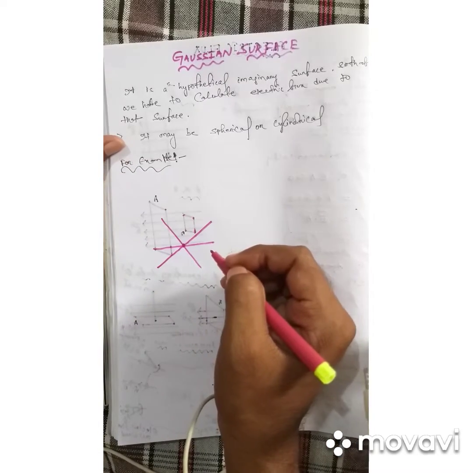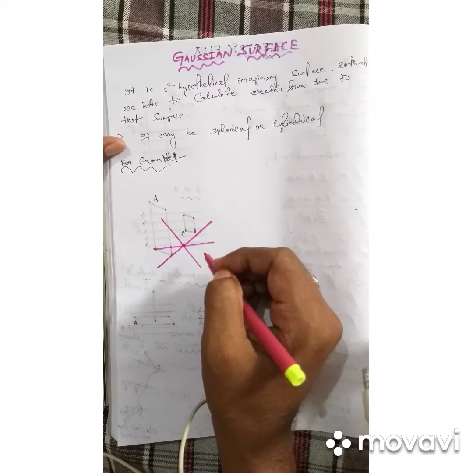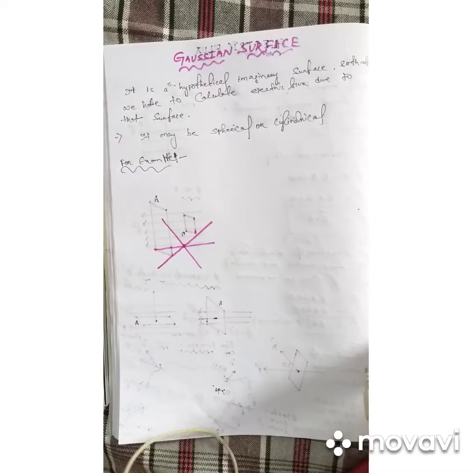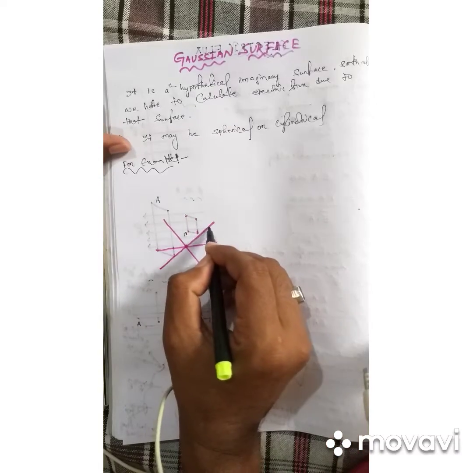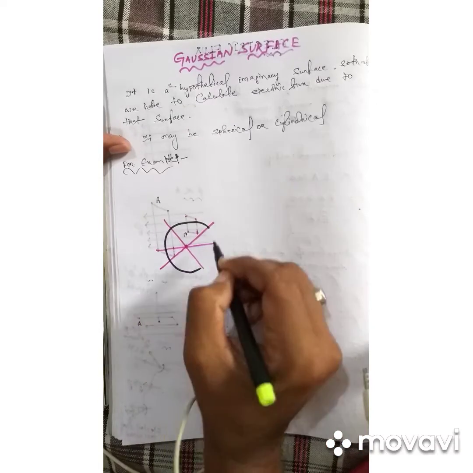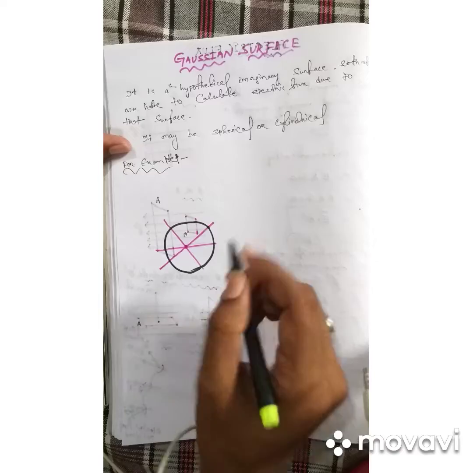So we assume a Gaussian surface. That Gaussian surface behaves as a spherical surface.